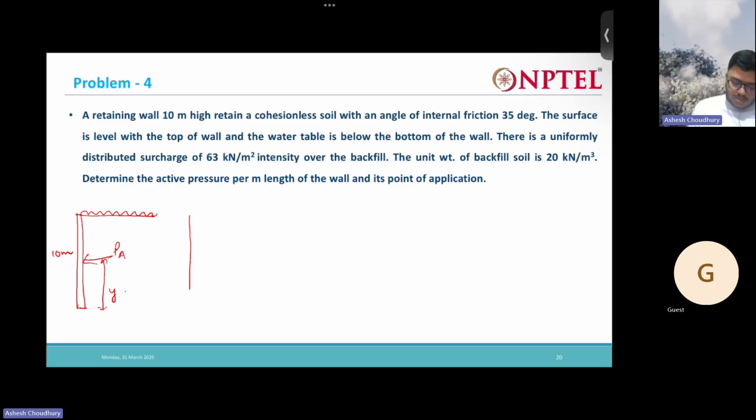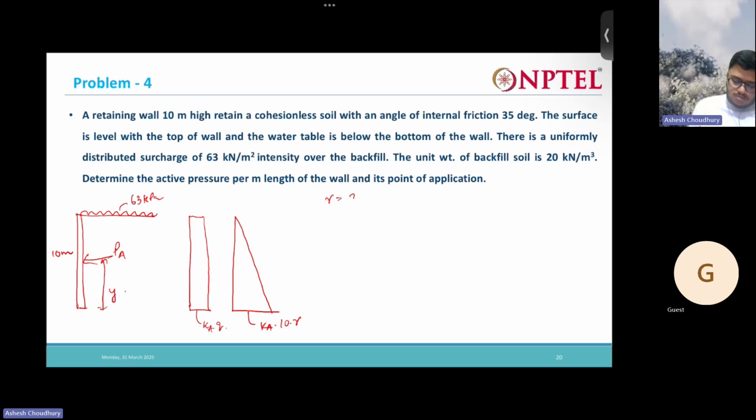So due to the surcharge, Ka times Q, this is going to be Ka times 10 meters into my gamma.